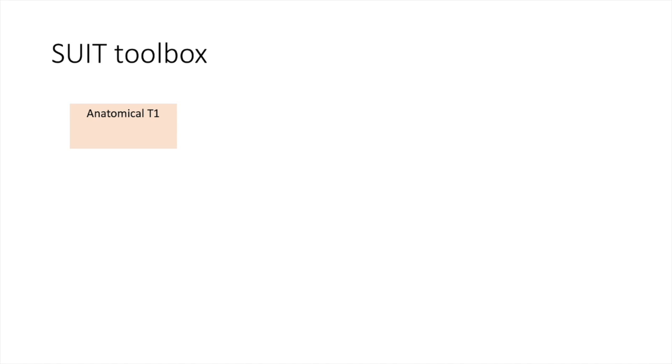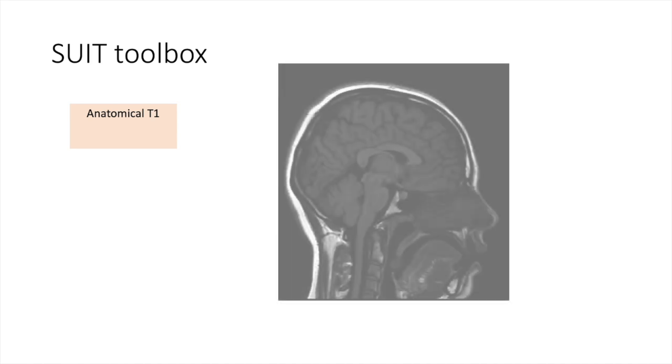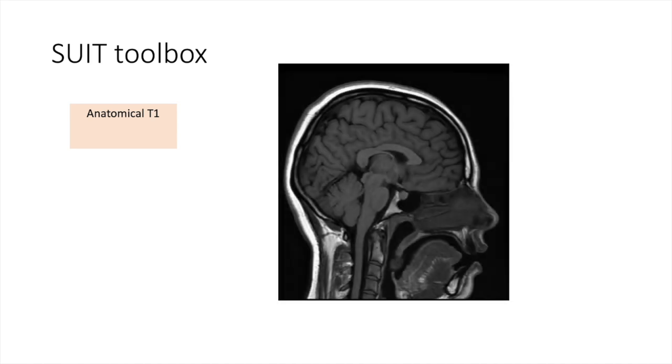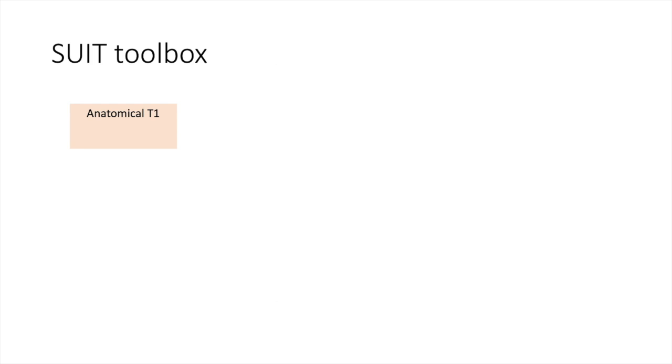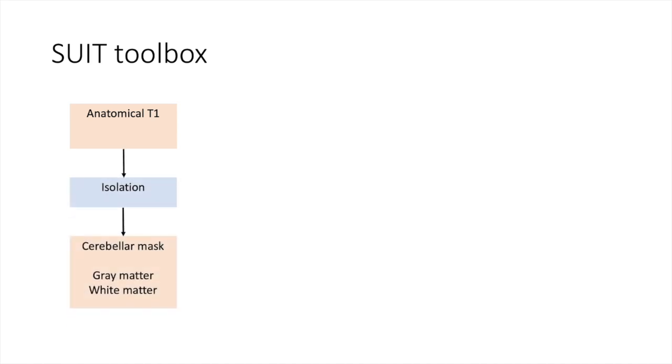However, we need to start with an anatomical image. This can be, for example, a T1 weighted sequence. In this graph, the orange boxes represent images and the blue boxes represent functions. We will use the isolation function to separate the cerebellum from the rest of the brain. This function will create a cerebellar mask as well as gray and white matter probability images.